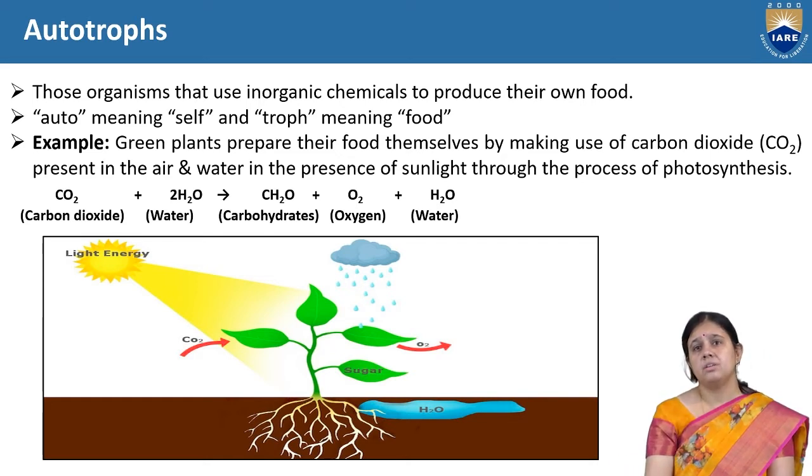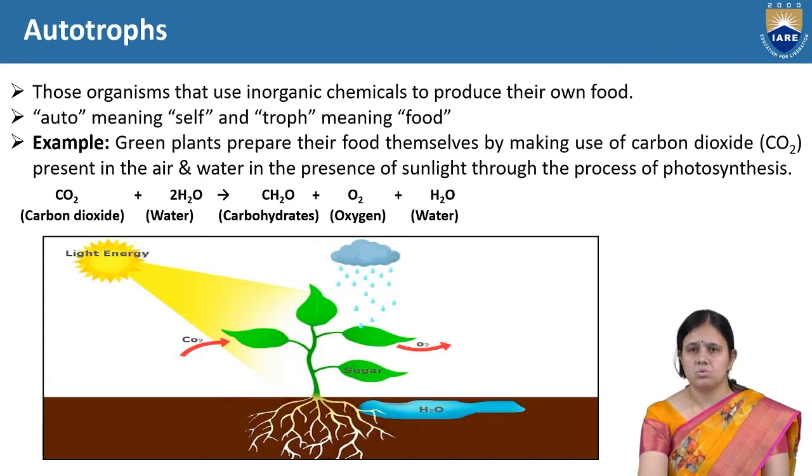Those organisms that use inorganic chemicals to produce their own food. Autotrophs make their own food by the use of sunlight. So green plants prepare their food by themselves by making use of carbon dioxide present in the air and water in the presence of sunlight, through the process called photosynthesis.